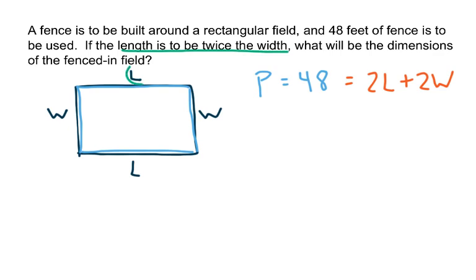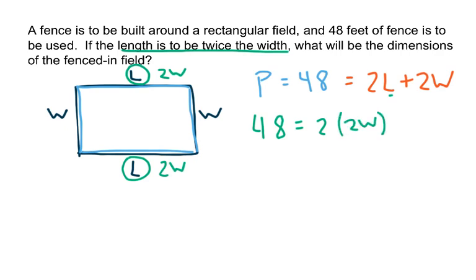So wherever I see an L, I can replace that with 2W, and I'm going to do that in my formula. When I set this up to solve, the perimeter equals 2 times the length, but instead of L, I'm going to use 2W.